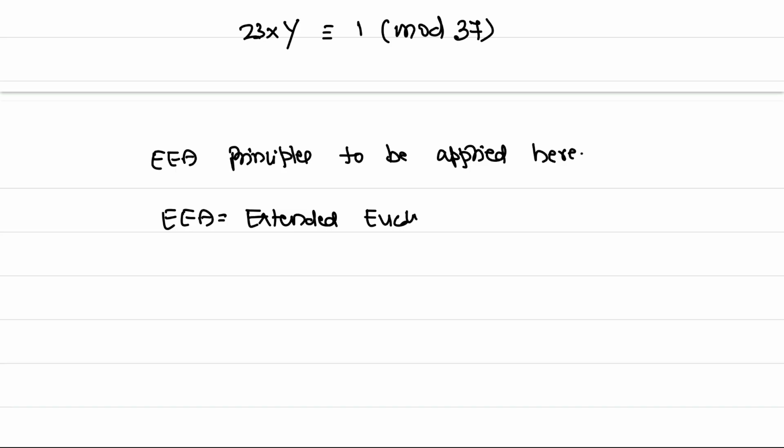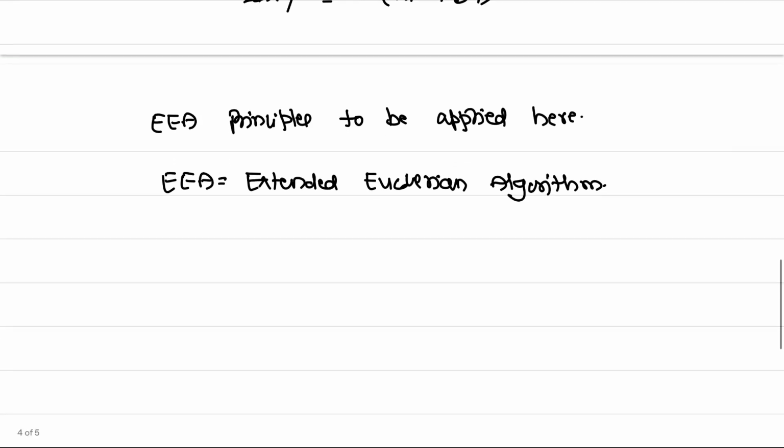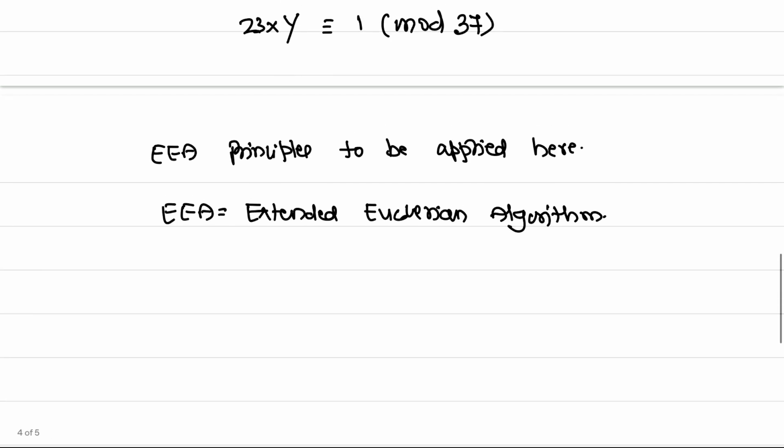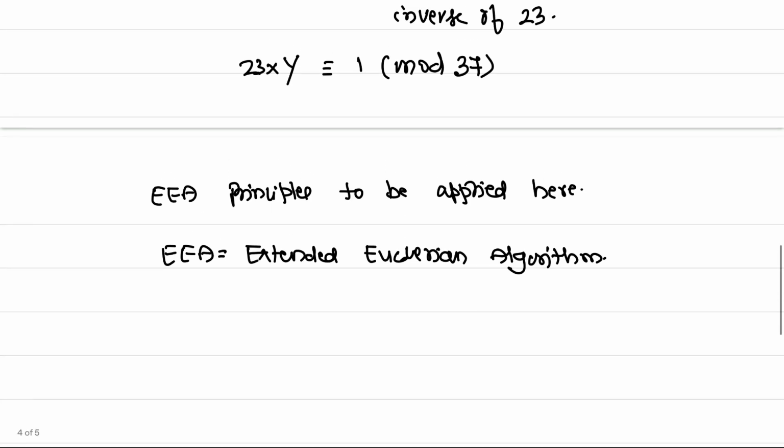Everything is explained there. Now I have to find y, which is going to be the inverse of 23, which is going to give me a remainder of 1 mod 37. This equation is to be satisfied and I have to find y in this equation.